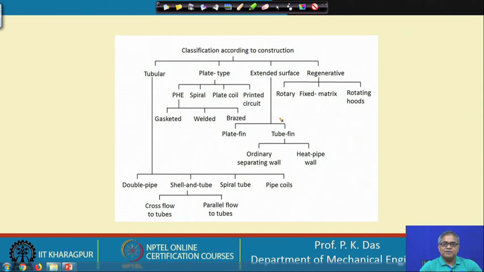The basic surface we can increase in area by providing extended surface to the primary surface or to the base surface. These extended surfaces are technically known as fins. So, fins are very commonly provided to the heat exchange surface to improve the heat transfer rate, primarily by increasing the area of the heat transfer surface.